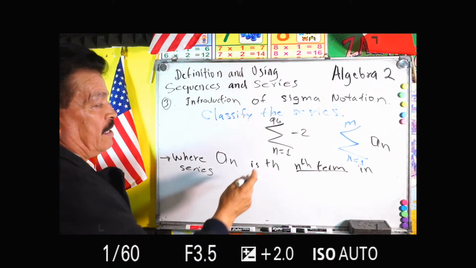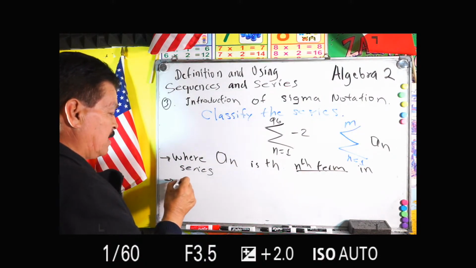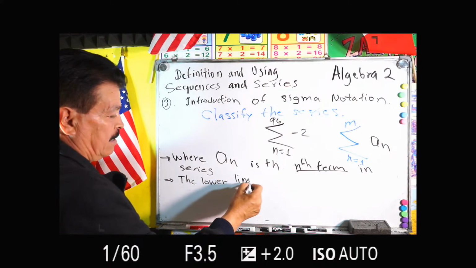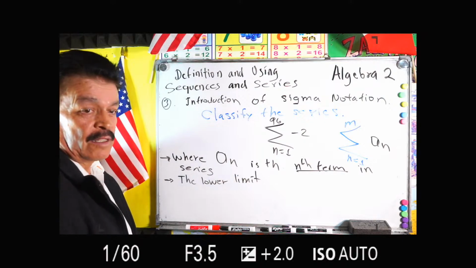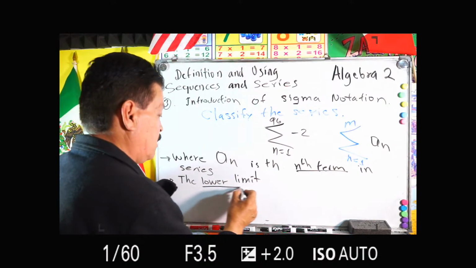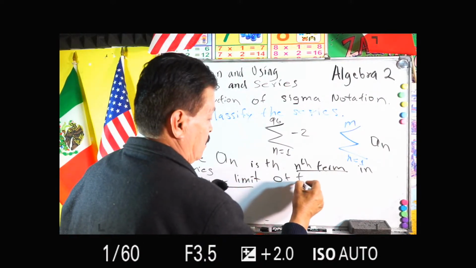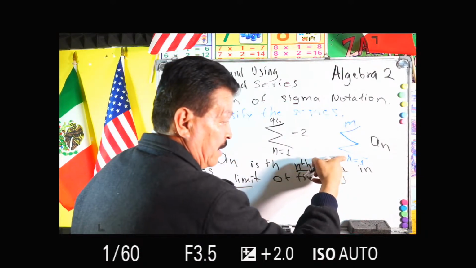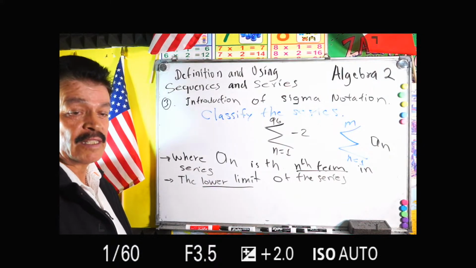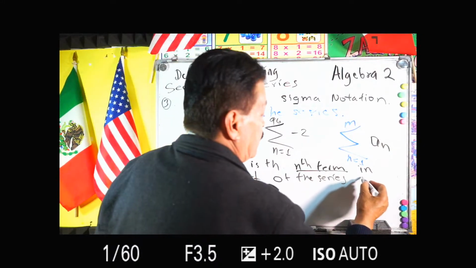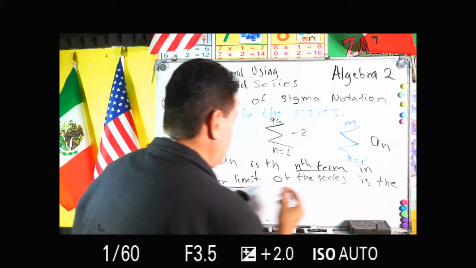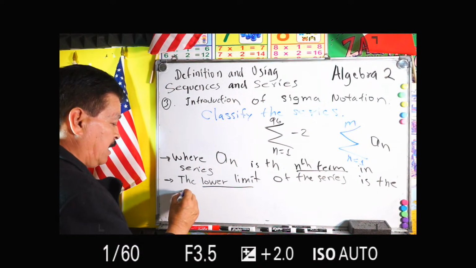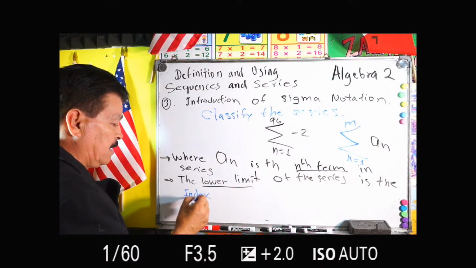The lower limit, in this case, look at this. The lower limit of the series is this number right here. The lower limit is the index. It's called the index. Let's write here index, right?